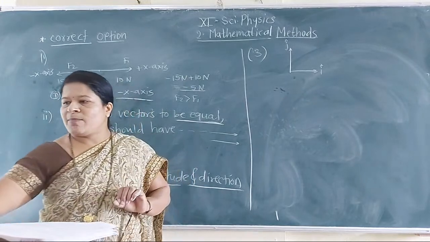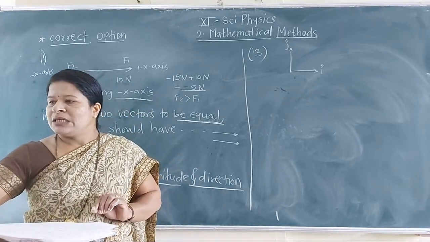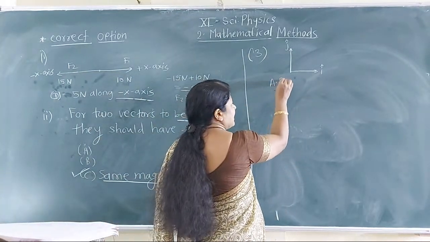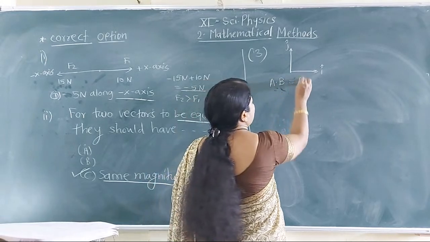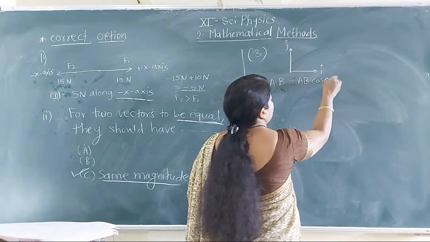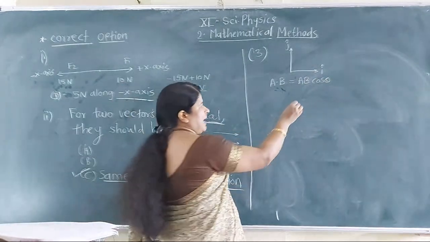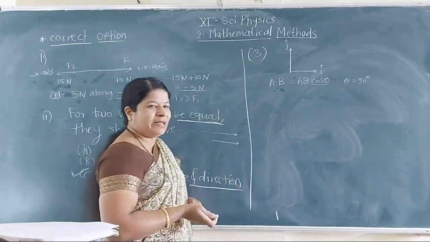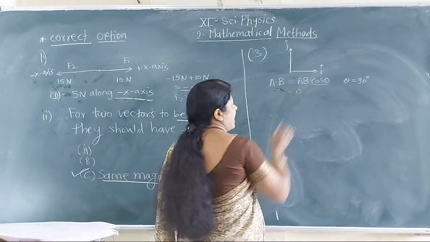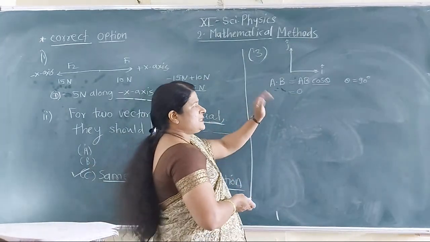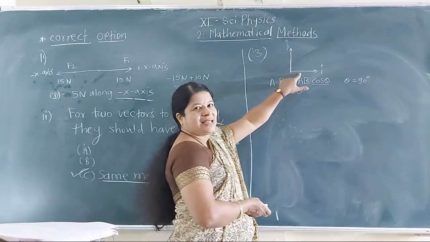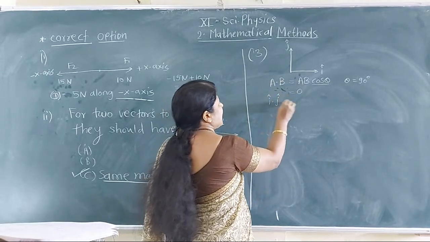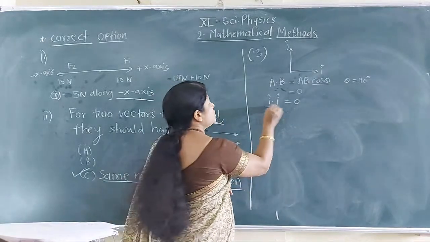We know that scalar product, we write as A dot B is equal to AB cos theta. If theta is equal to 90 degrees, cos 90 is 0. So we get our answer as 0, and the same for the unit vectors: i cap dot j cap is equal to 0.